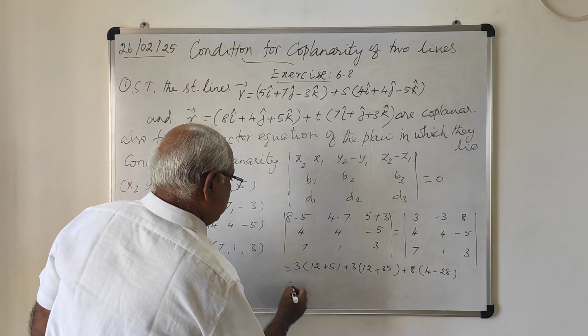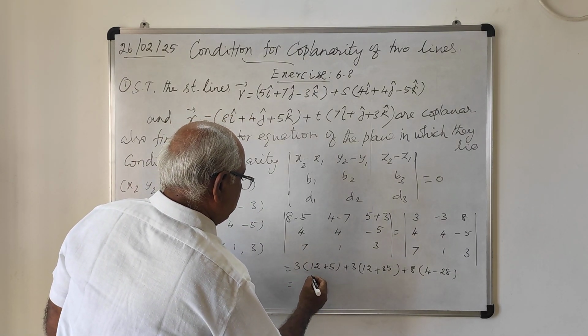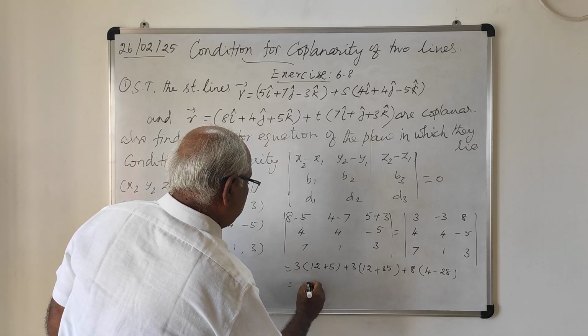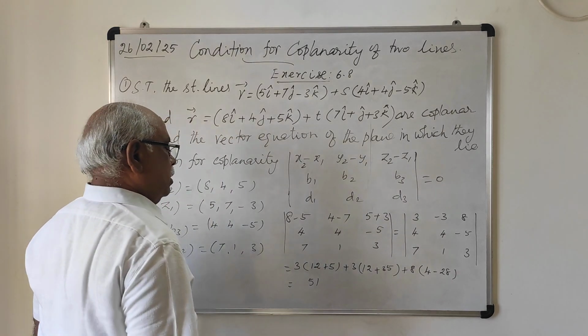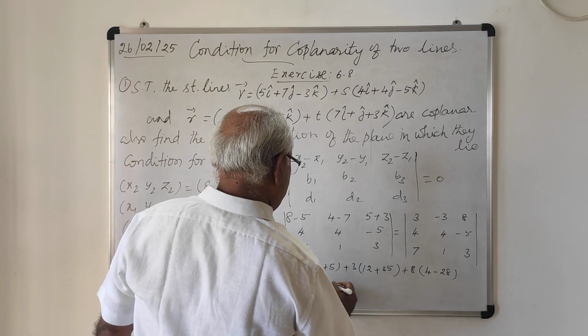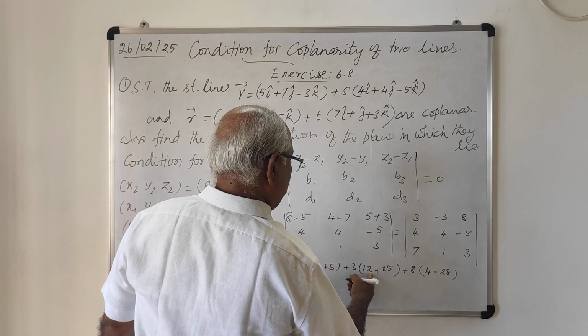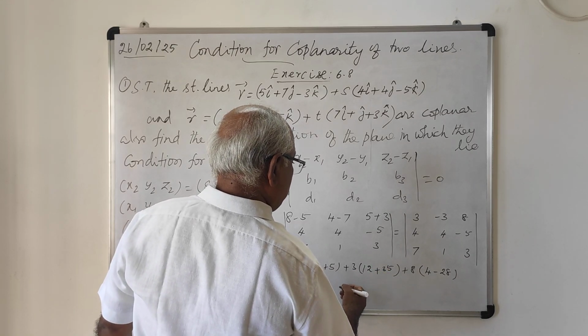So this is equal to 3 into 17, which is 51, plus 3 into 47.